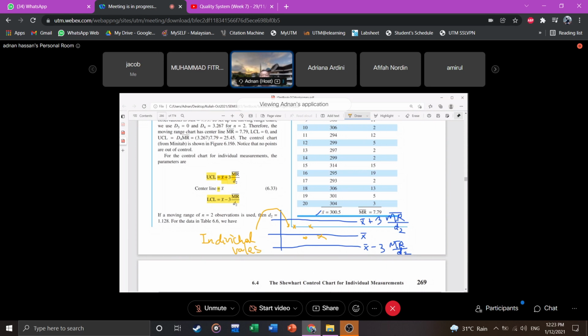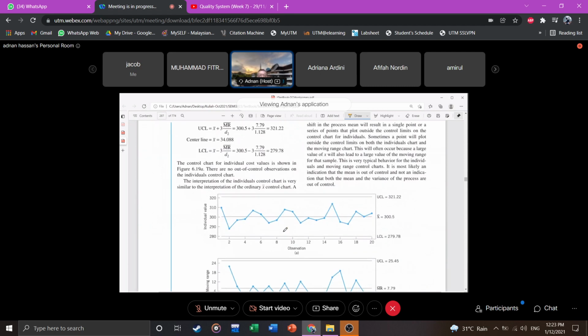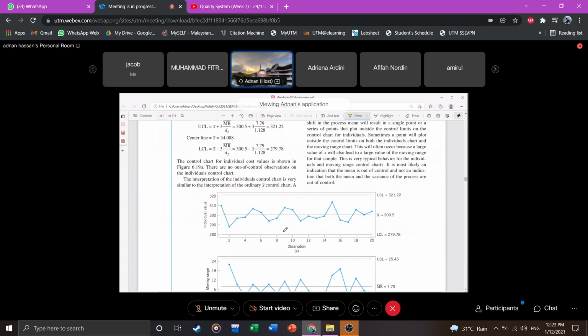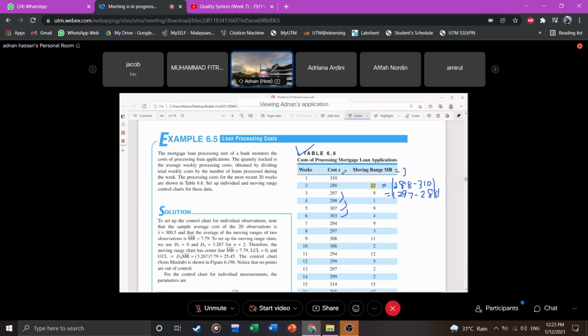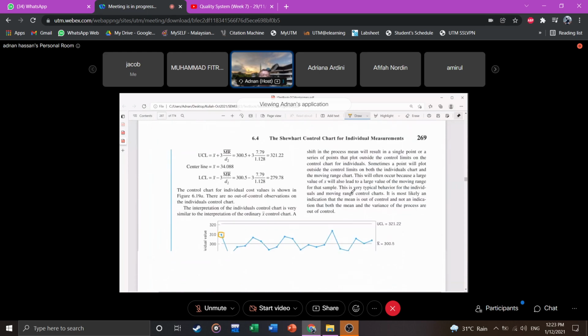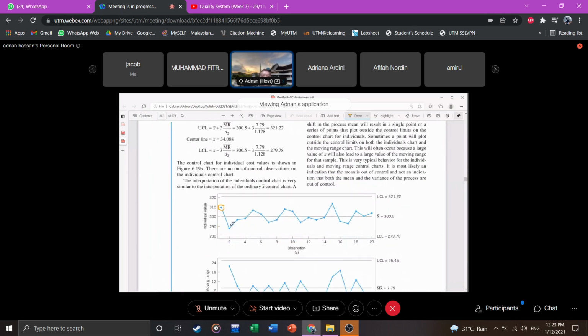Okay, if we see in this earlier example, so what we have here, these 20 individual values. The first one is 310, okay, we see 310 here, we plot this value. The second one is going down, 288, and then it moves up. So these are individual values that we plot.